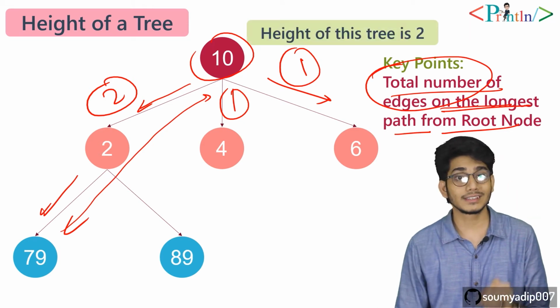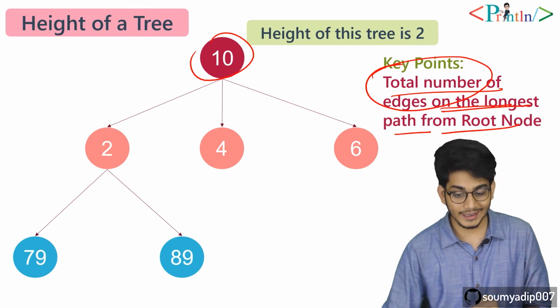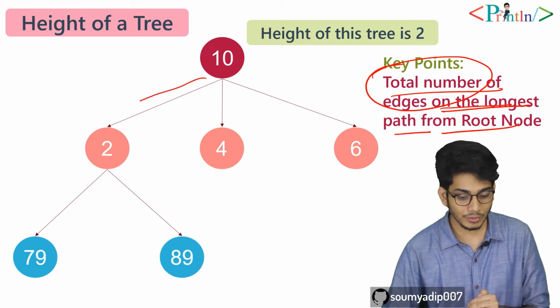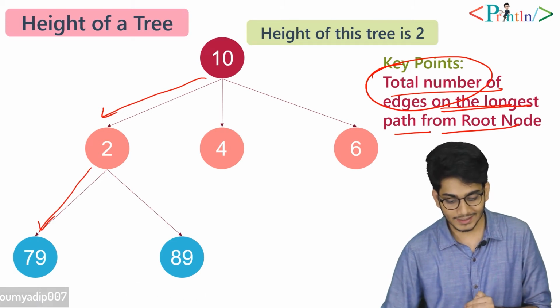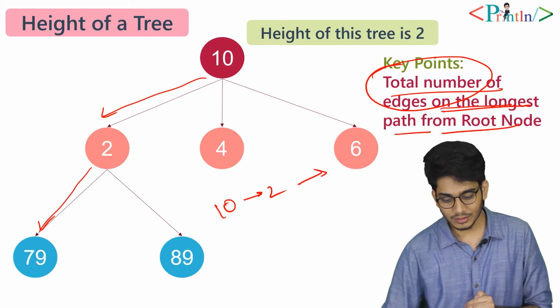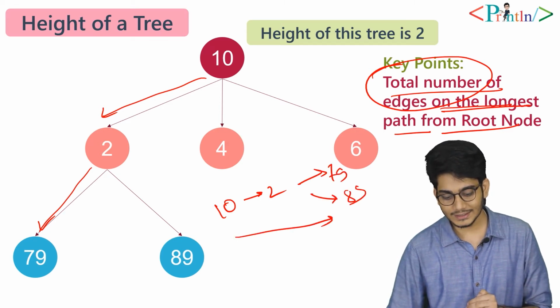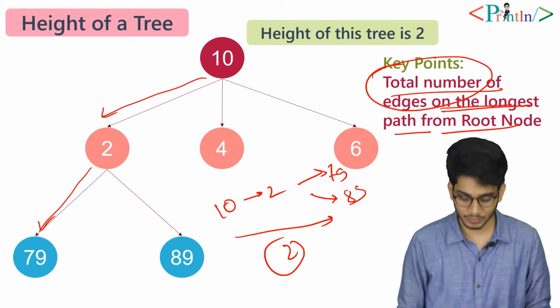Most of the students get confused in this topic. The height of the tree is 2 because we have to take the longest path. The longest path exists between 10 to 79 and 89. So the height of the tree will be 2.